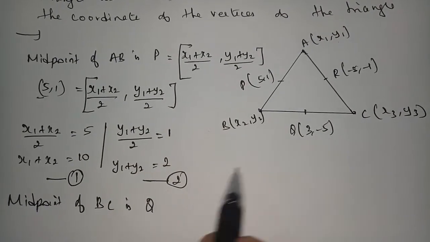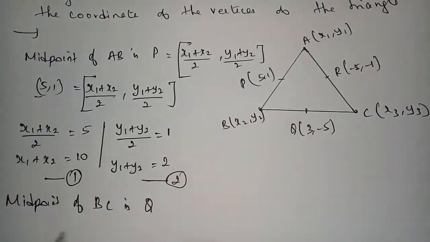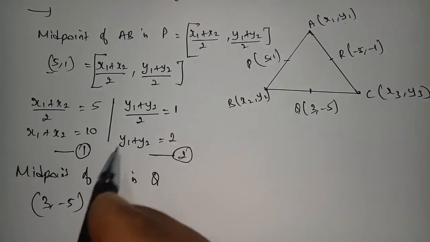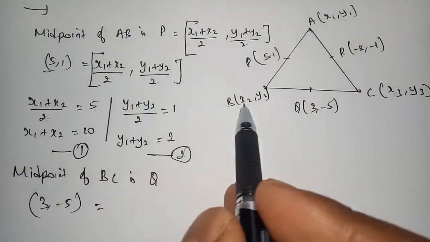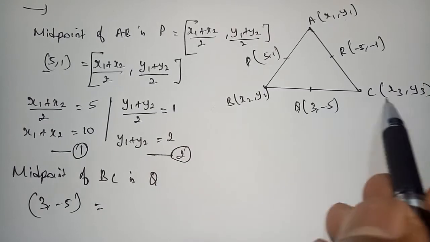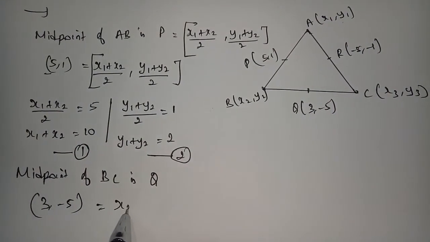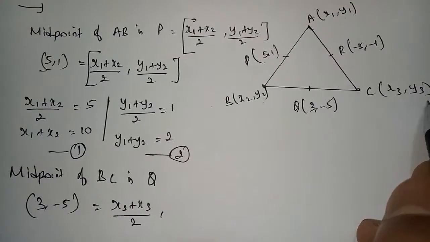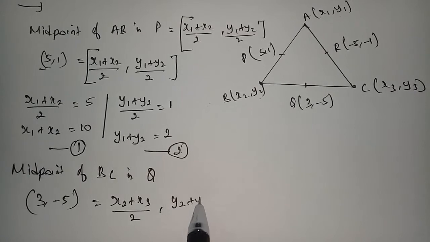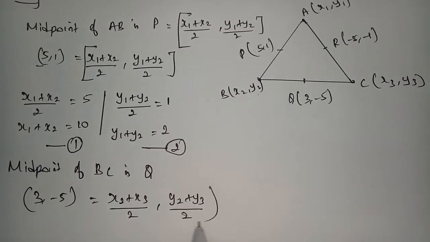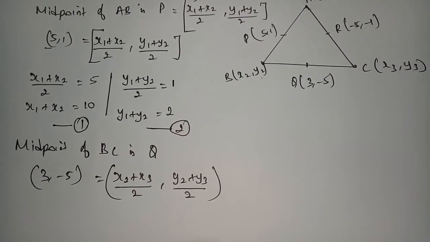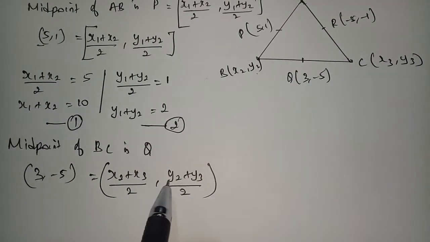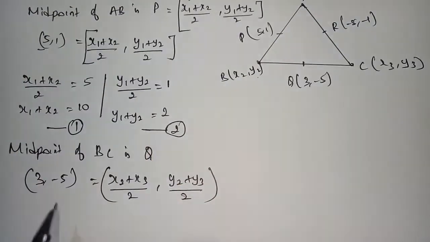Same formula, but instead of x1 and x2, we write (x2 plus x3) by 2, (y2 plus y3) by 2, as in the previous step.